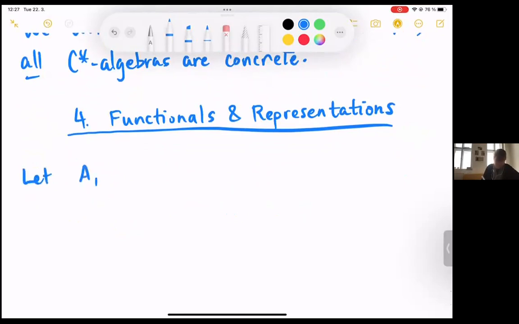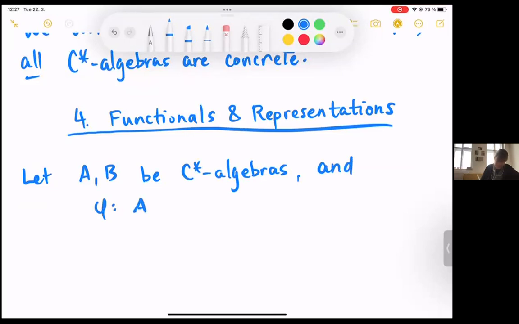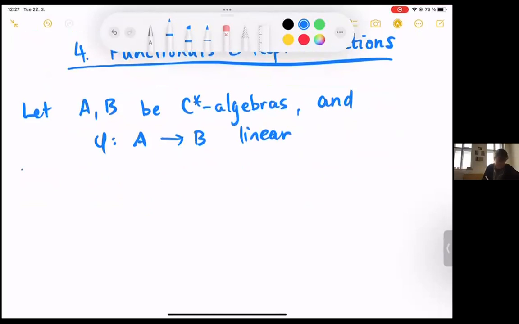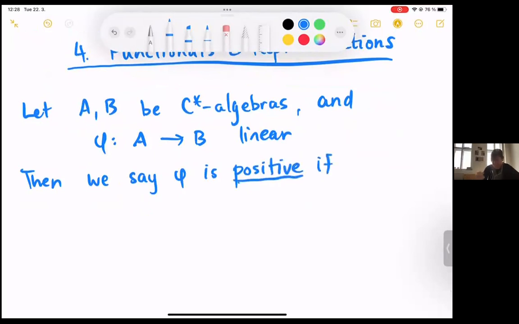Okay, so this might have been mentioned before, but if we have two C star algebras, A and B, and phi from A to B a linear map, we call phi positive if it sends positive elements in A to positive elements in B. So first thing to note is that, of course, a star homomorphism is certainly a linear map.